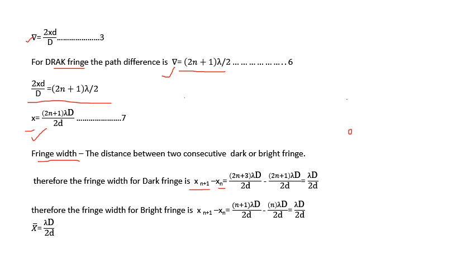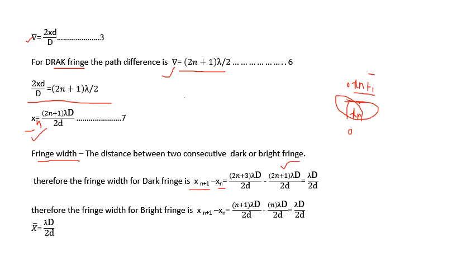One point is at x n distance, where we get one fringe, and another point at x n plus 1 distance. What is the value of x n for the dark fringes? For the dark fringes, x n is (2n plus 1) lambda D by 2d, but for the second consecutive fringe the value of n changes.